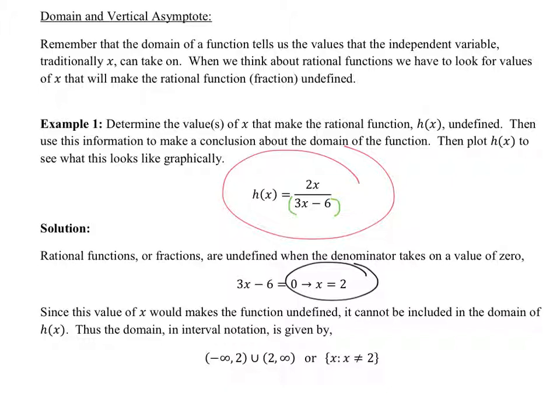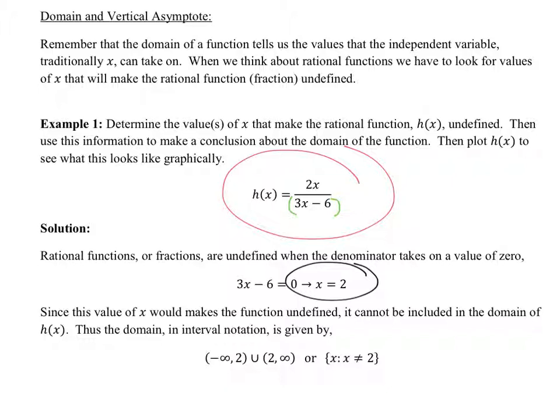Okay, so here's what we're going to do. Type the number 1, hit enter. Type the number 1.5, hit enter. Type in 1.9, 1.99, 1.9999.